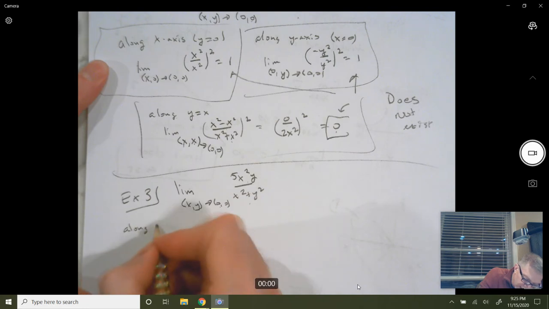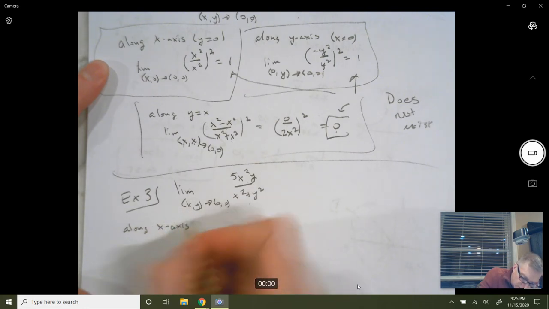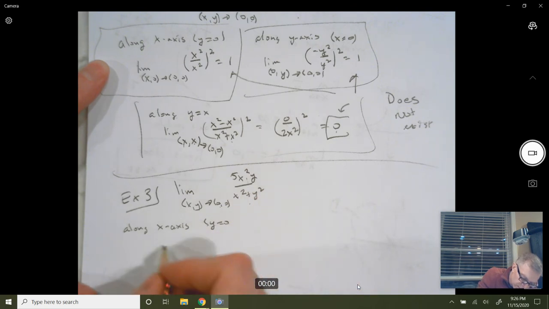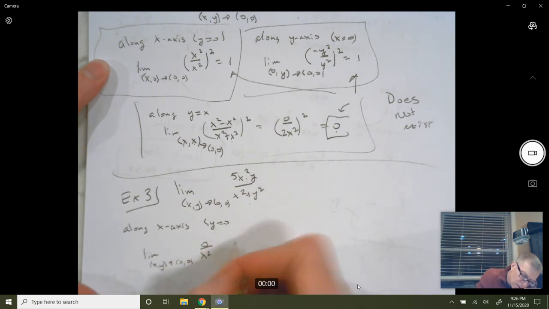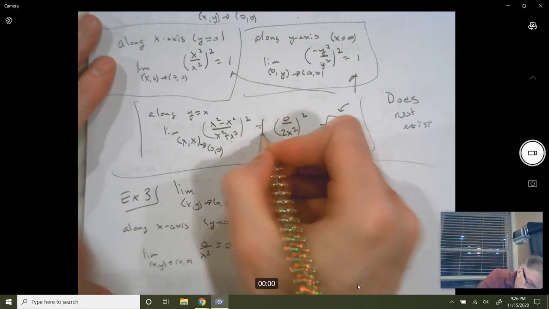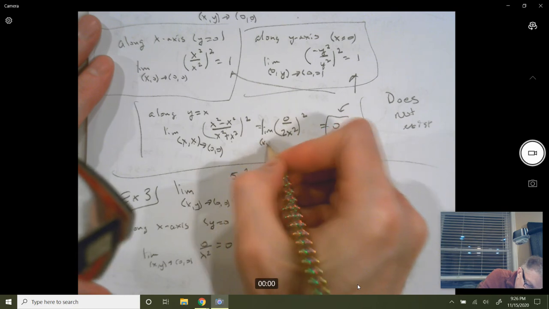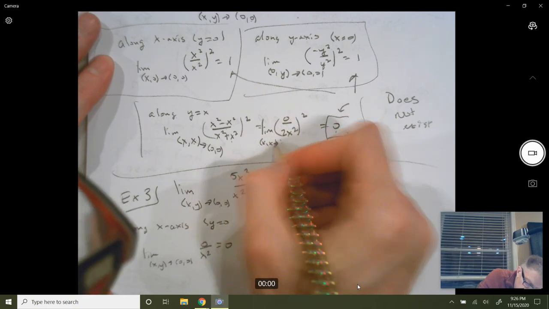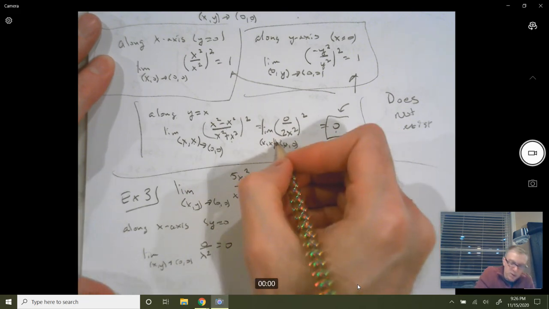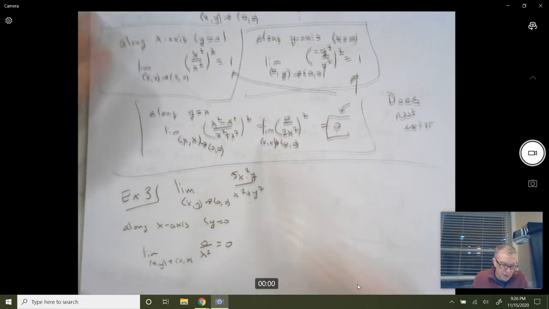So along the x-axis, which means y equals 0, you've got 0 over x squared, which equals 0. I should have put a limit up here, as (x, 0) approaches (0, 0). On a test, you just want to make sure you always fully document everything.